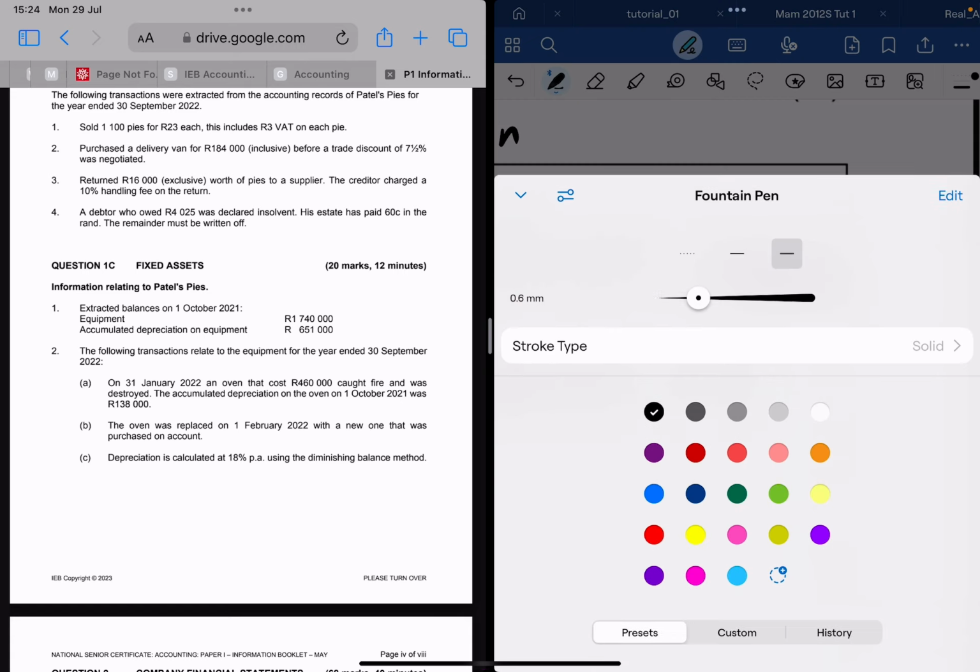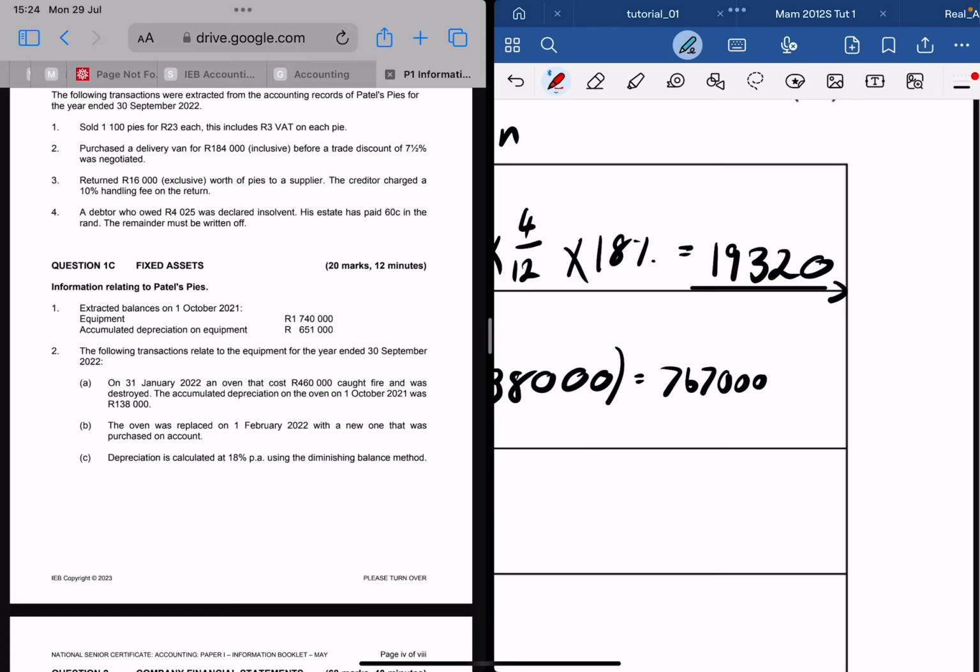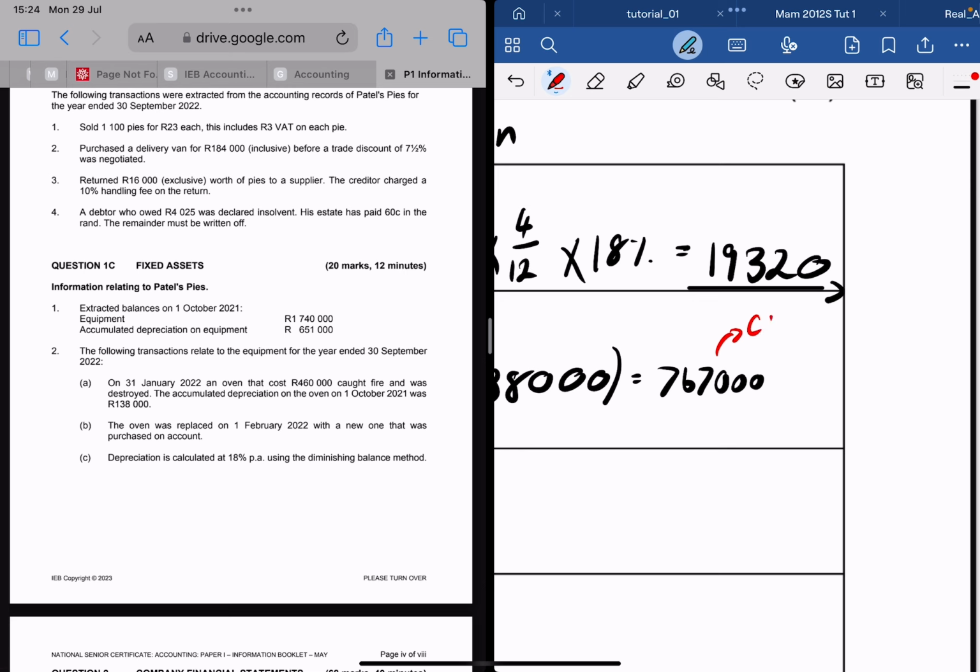So this amount here is the carrying value of remaining equipment, right? Remaining equipment.